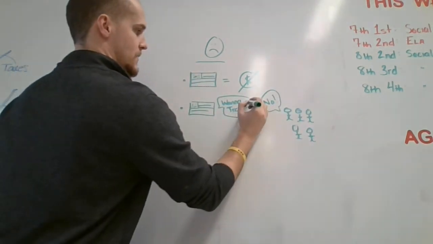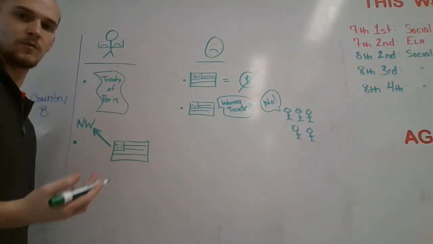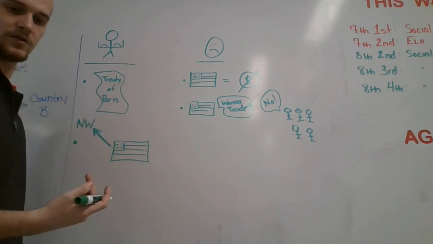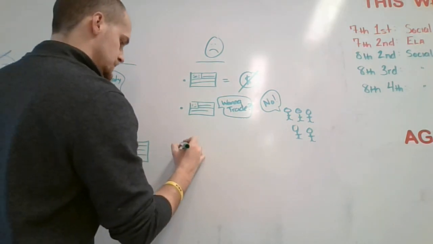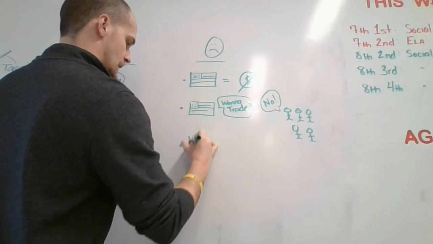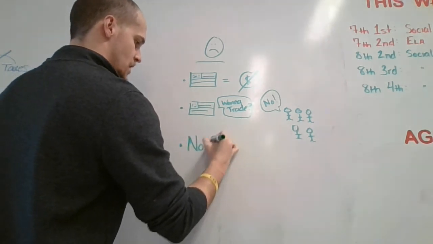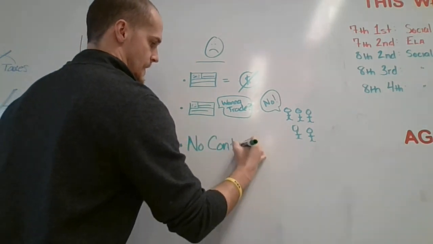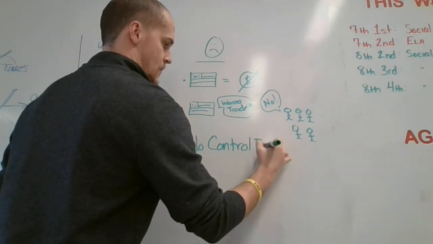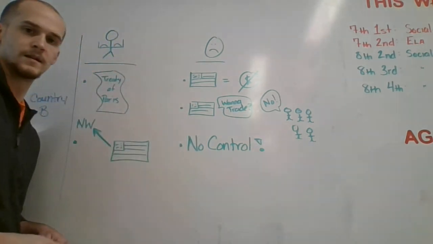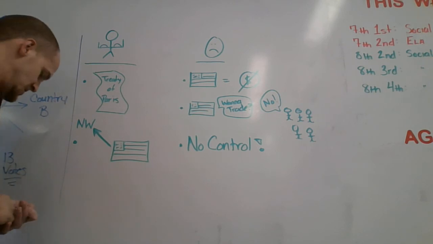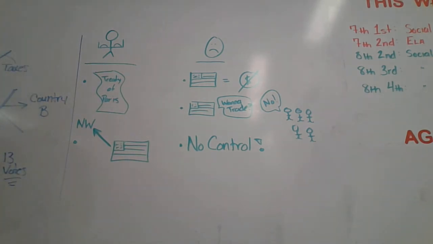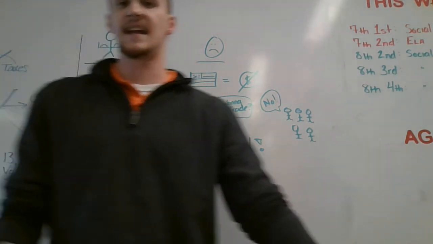No one to trade with because the government wasn't allowed to do so. So they didn't set up those relationships. And then they have no control. The states are essentially allowed to do whatever it is that they want to do. And that creates conflict amongst the states.